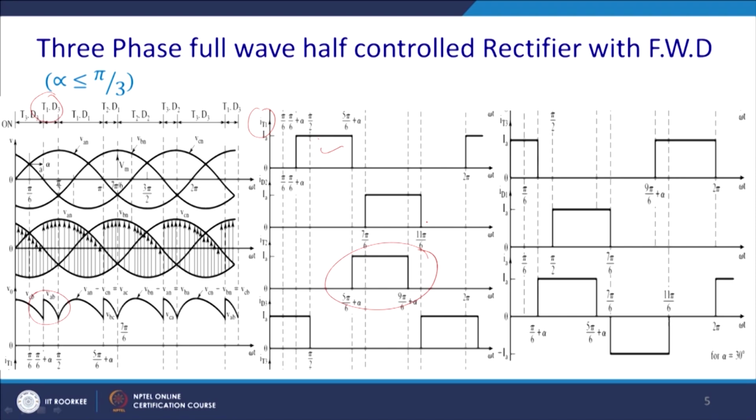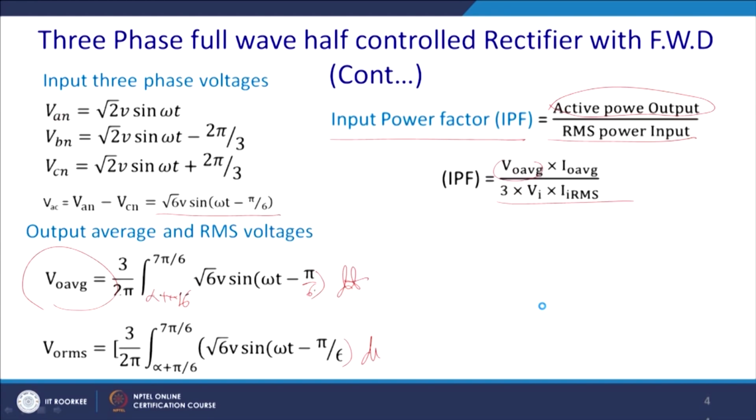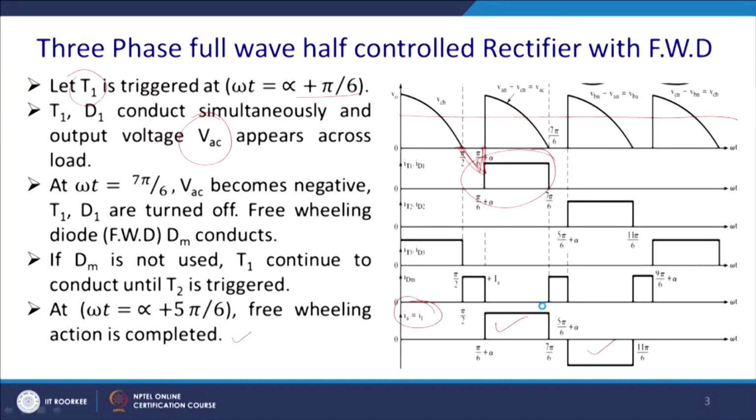Previously we had symmetry, and ultimately you got this kind of input current, that is our contention now. You get this kind of square wave, and here this point is pi by 6 plus alpha, and this point is quite less. So, you have an asymmetry, but if you go back to this circuit, generally there was no asymmetry.